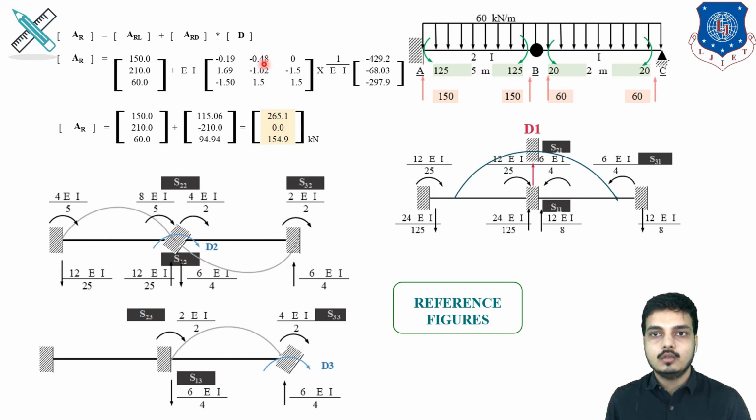Here figure number 2 for column number 2, 12 by 25 is 0.48 in negative format. This is going up, this is going down. Algebraic sum of this is minus 1.02. 6 by 4 is nothing but 1.5. Then here no reaction, so 0. Downward 6 by 4 is minus 1.5. Upward 6 by 4 is plus 1.5. So by solving this, I will get my AR.